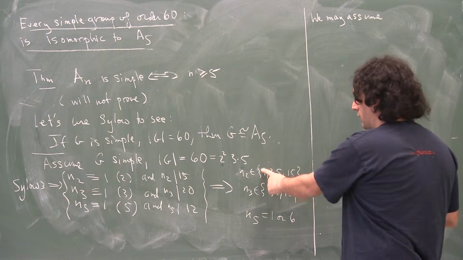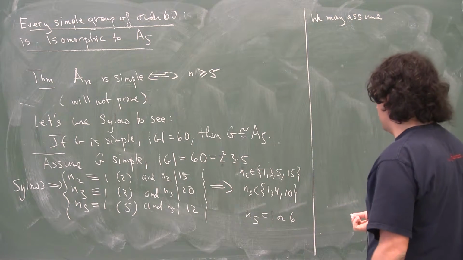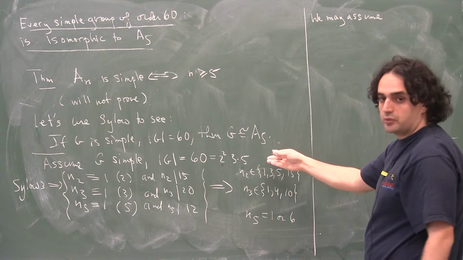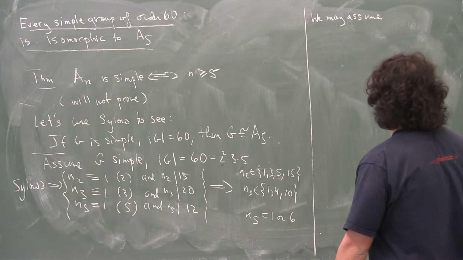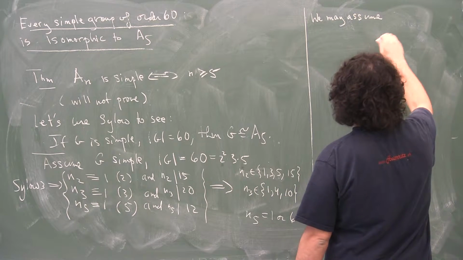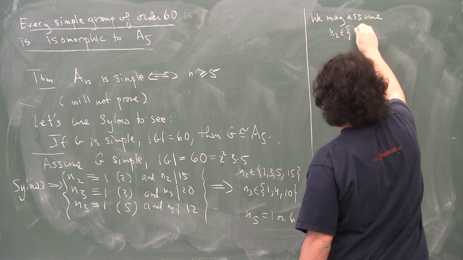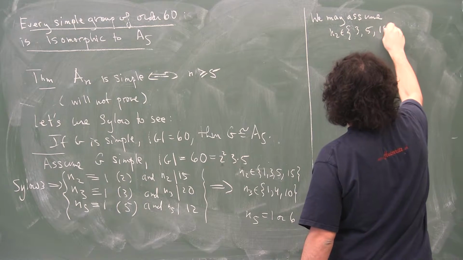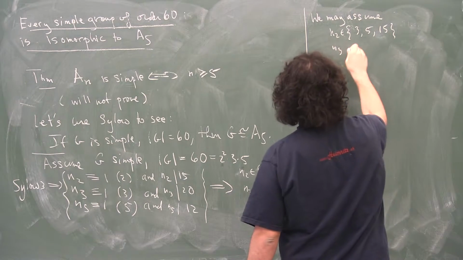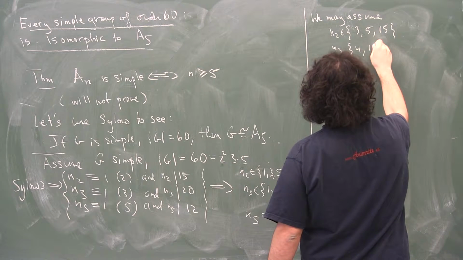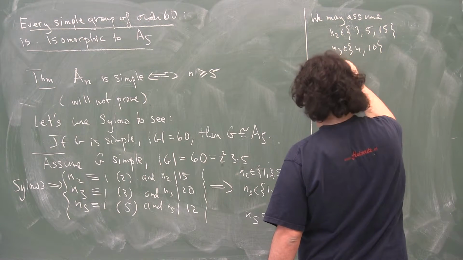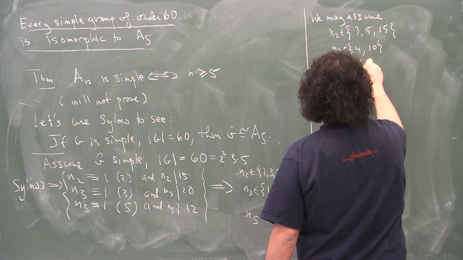If we have 1 here, here, or here, it means that it has either a normal 2-Sylow or 3-Sylow or 5-Sylow. So we may assume that n_2 is in 3, 5, 15, that n_3 is either 4 or 10, and that n_5 is equal to 6.